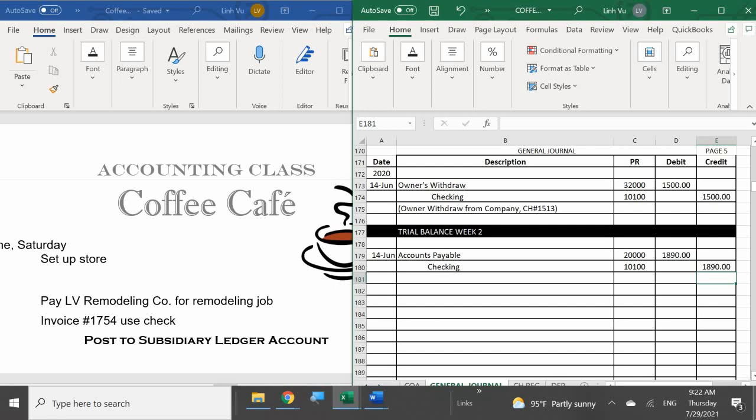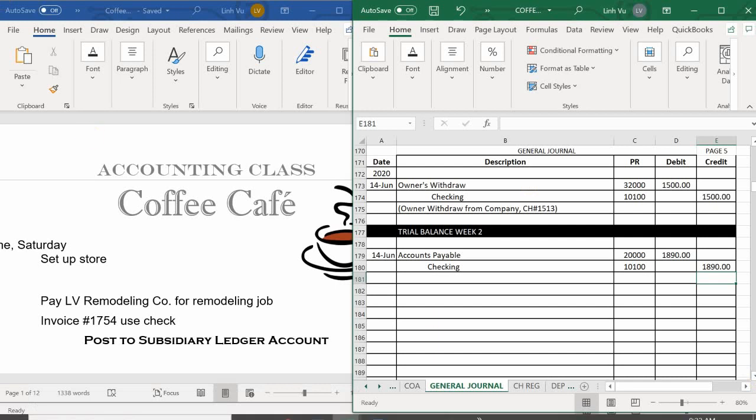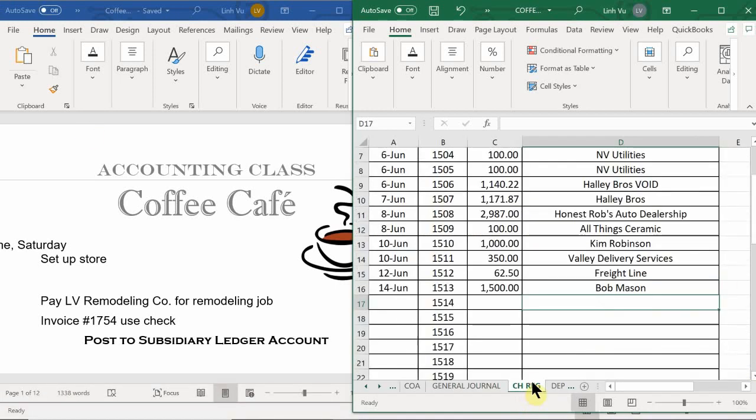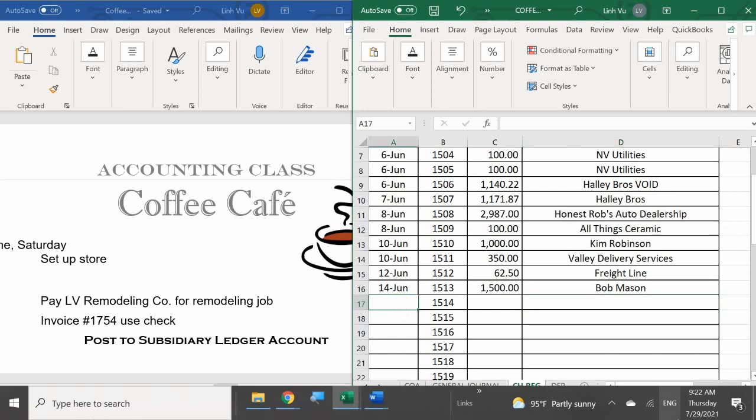What was that, Nathan? We're going to go to the check register, right? Correct. So here we wrote a check. We need to know what check number. 15th of June.